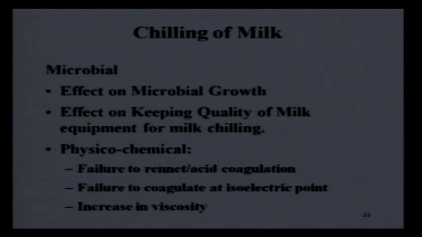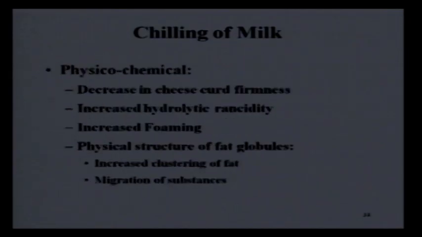Then there is a decrease in cheese curd firmness, increased hydrolytic acidity, and increased foaming. Similarly, the physical structure of fat globules changes, because there is clustering of fat globules and migration of substances. So this is an overall view of the importance of chilling.